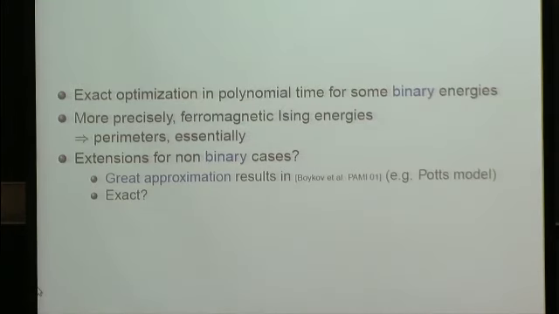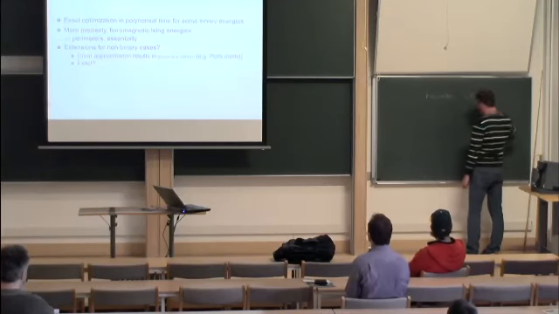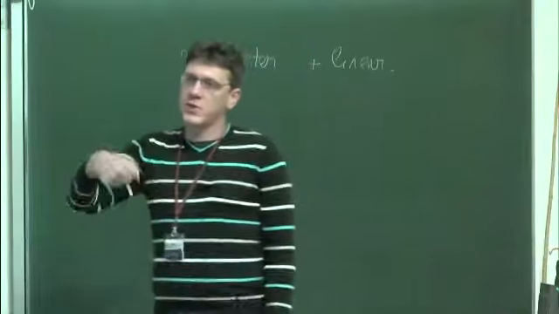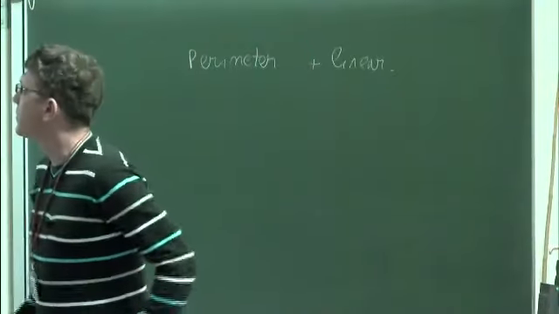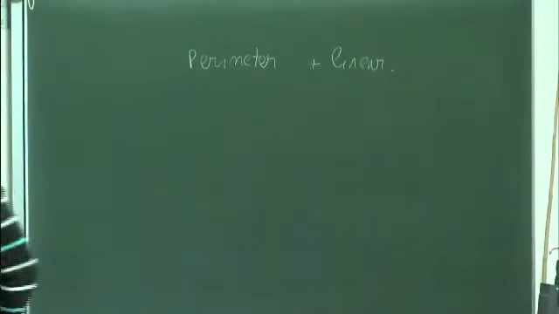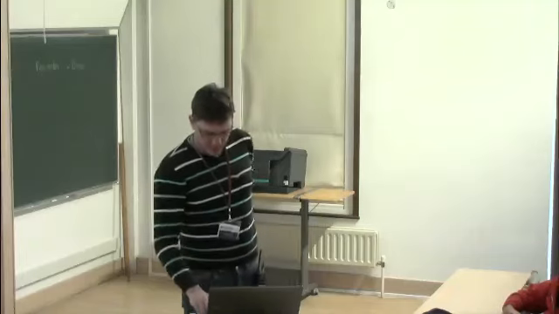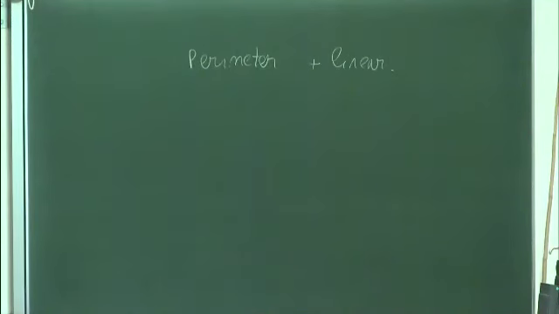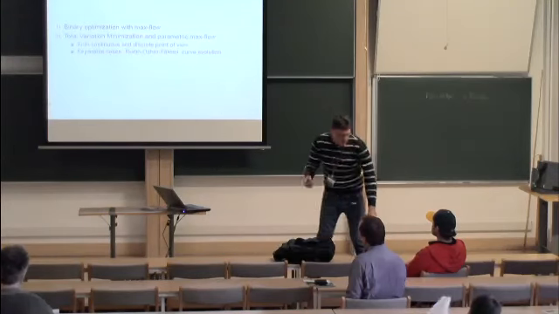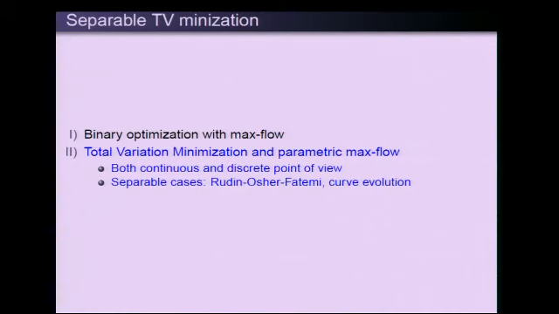So what we can solve is essentially you want to find a set, and so you say I want to minimize the perimeter, and for each pixel you have some terms that are essentially linear. So we want to extend that to non-binary energies, and the natural extension is the total variation.